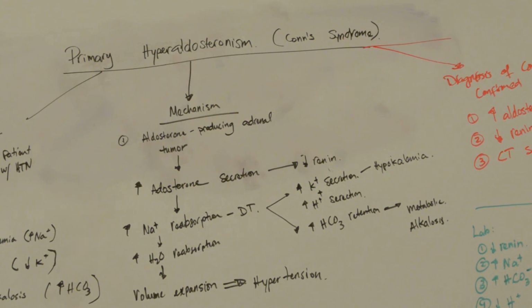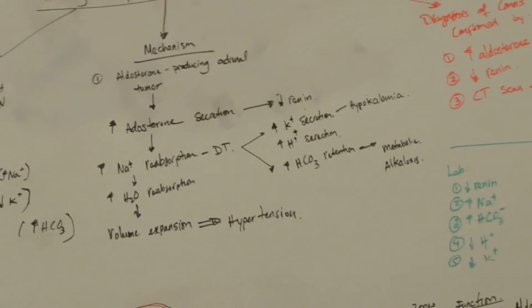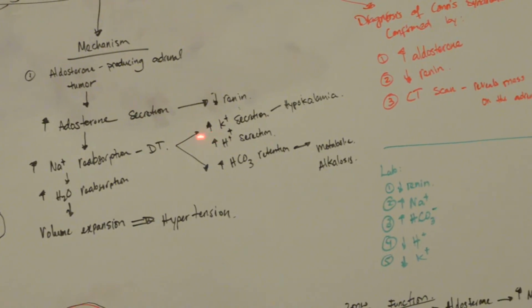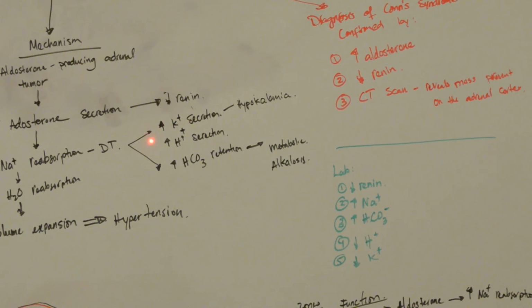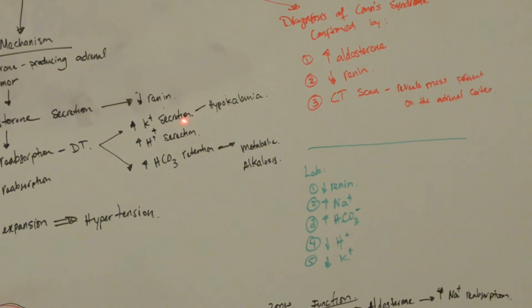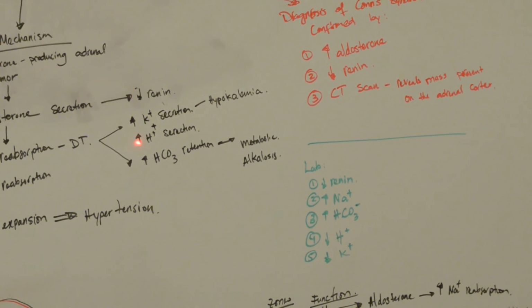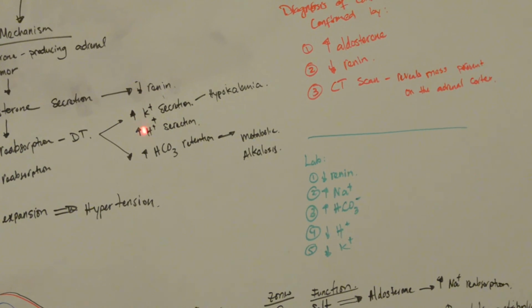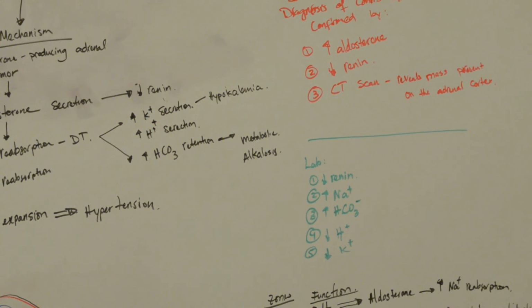That's why renin is decreased. And we will also see an increase in potassium secretion, which leads to hypokalemia, and an increase in hydrogen secretion, and an increase in bicarbonate retention, which leads to metabolic alkalosis.